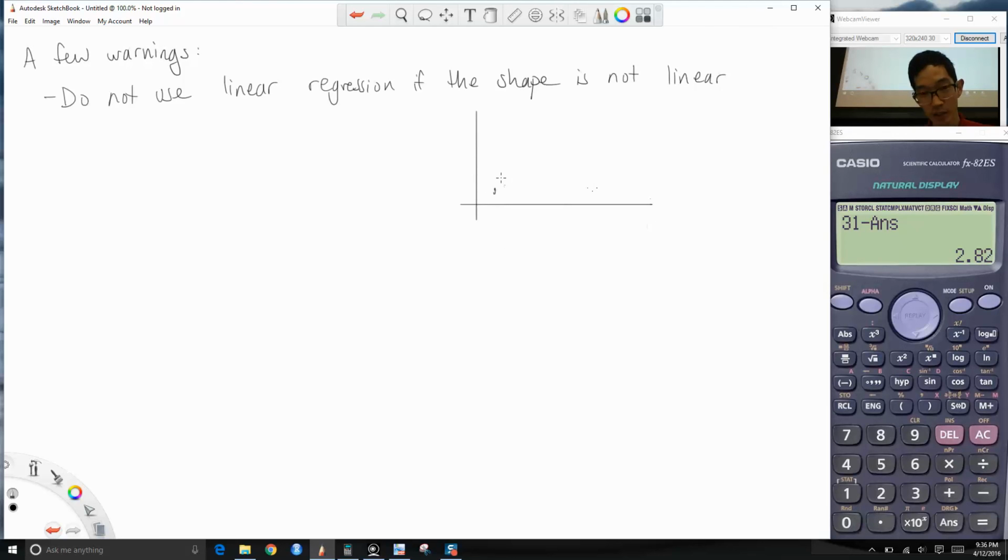If your data looks like this, don't try to fit a straight line. Okay, this is bad.